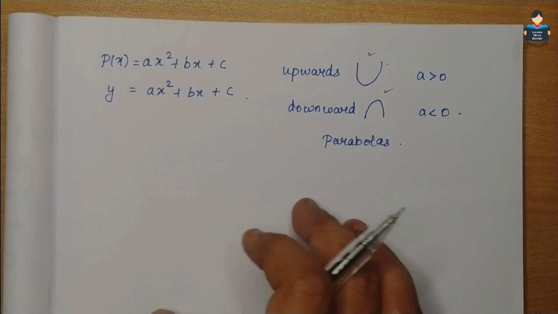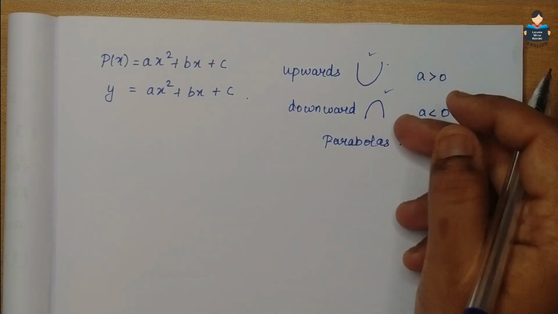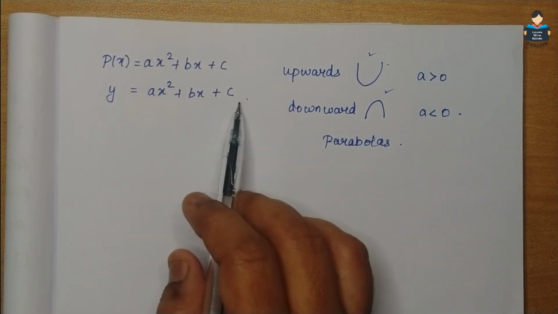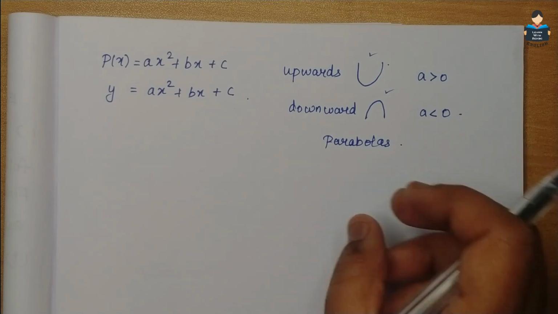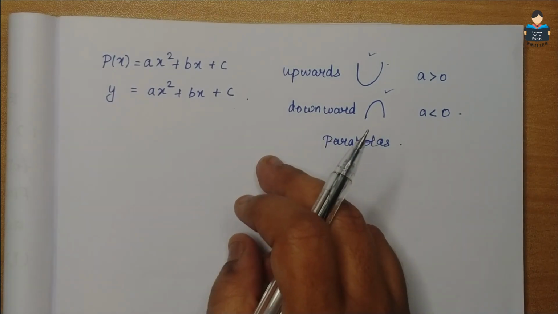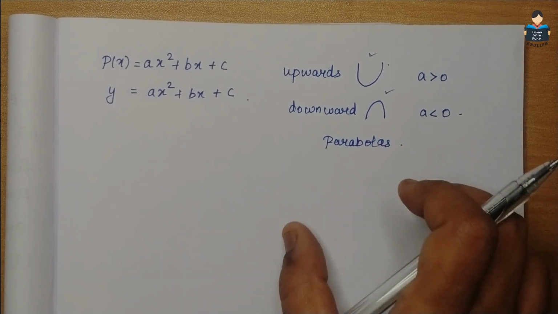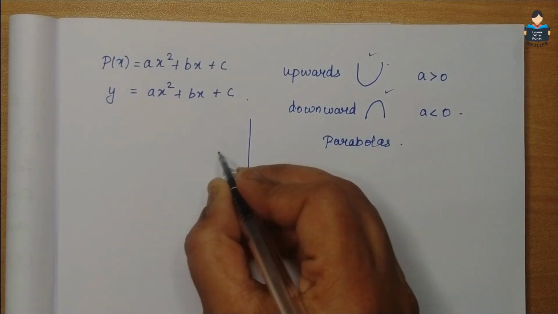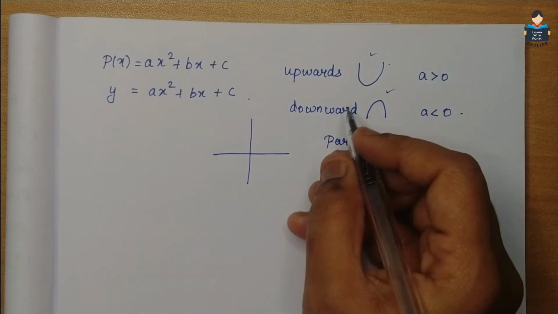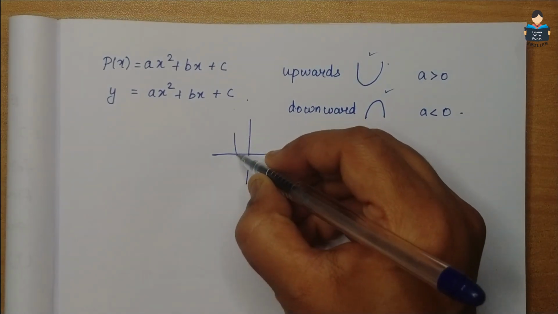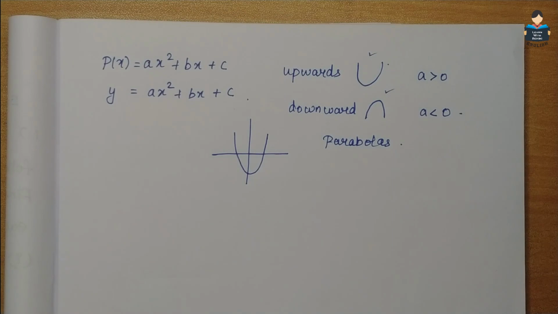When we draw the parabola according to the equation in the graph, we will see that the zeros we got when solving p of x will be intersecting on the x-axis. That is, it will be of the form like this.